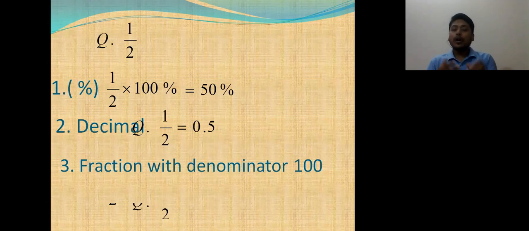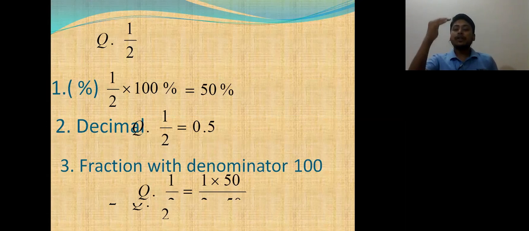Or from half, you can also write it down, no problem. And also the fraction with lowest term. You can divide up and down by 50, or from percentage, you can write 50 by 100. Both are fine. From percentage, just change the percentage, then you will write 50 by 100. It will be the fraction with denominator 100.